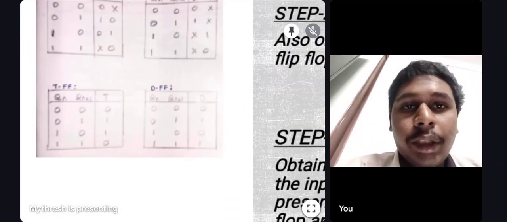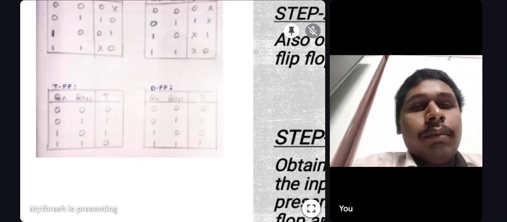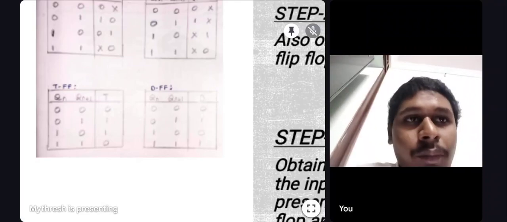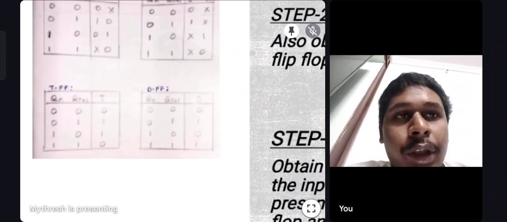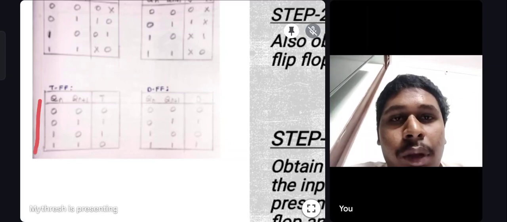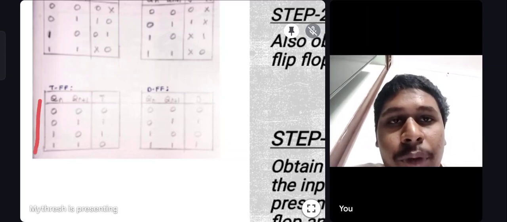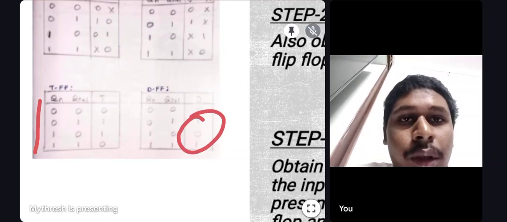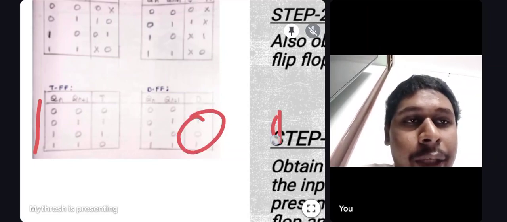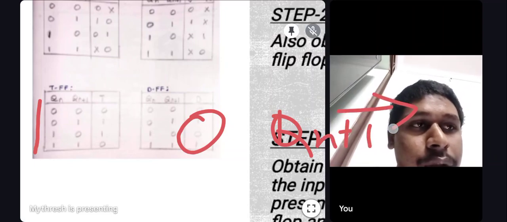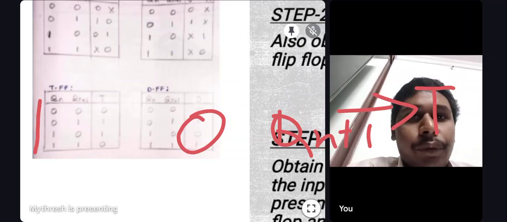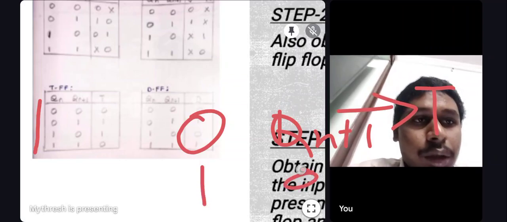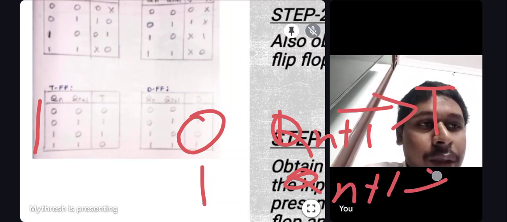So let us go to the next one, that is T. As we can observe here, if the present state is 0, then the next state is directly projected into the T. If the present state is 1, then the Q and next state is projected as Q and next state bar.